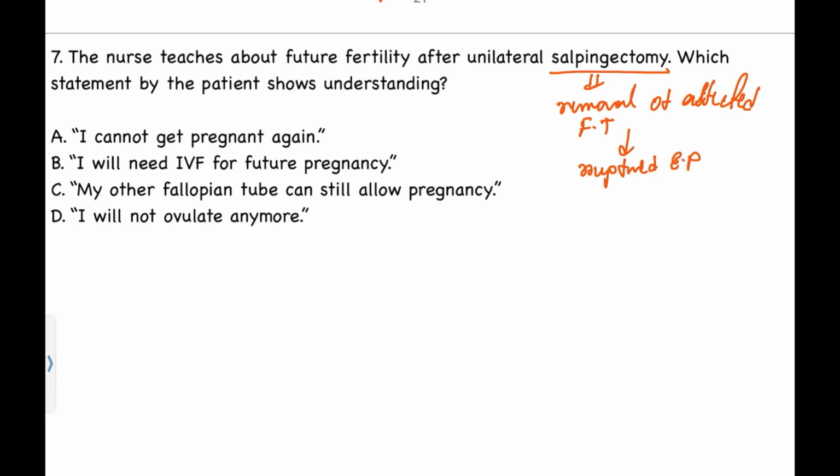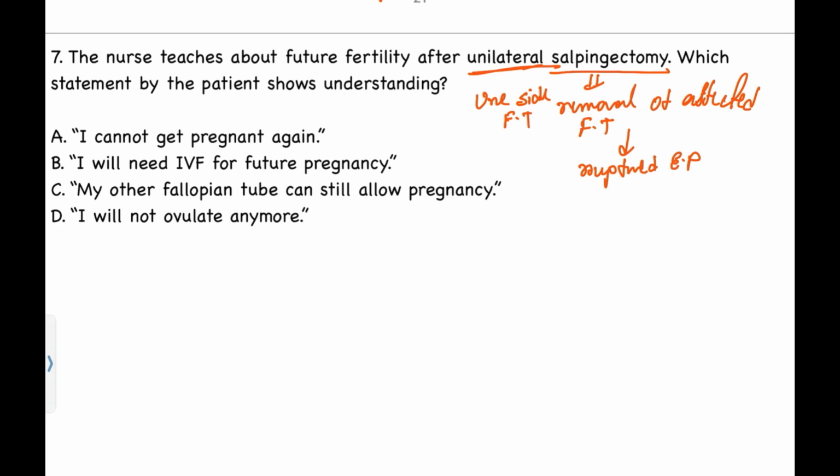In case of unruptured ectopic pregnancy also we can do it if the mother gives consent for this kind of surgery. Unilateral means one side fallopian tube, so you are cutting and removing one of the fallopian tubes.